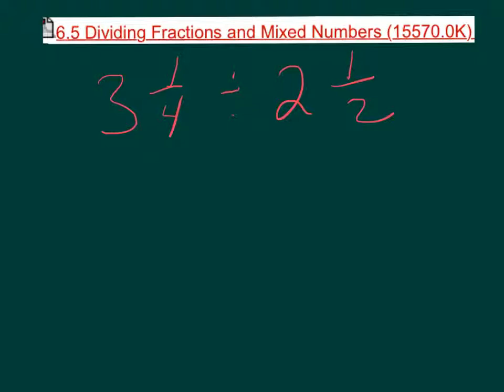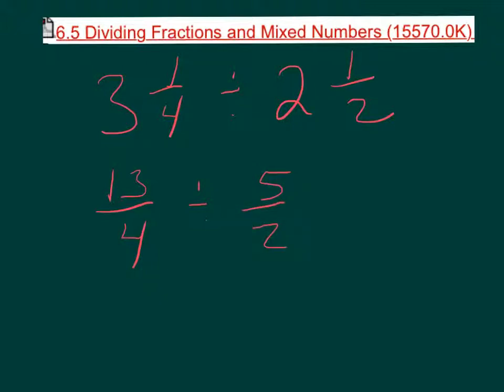So I say to myself, okay, 3 times 4 is 12. 12 plus 1 is 13 all over 4. So my improper fraction is 13 over 4 divided by 2 times 2 is 4 plus 1 is 5 all over 2. So that becomes 5 over 2.